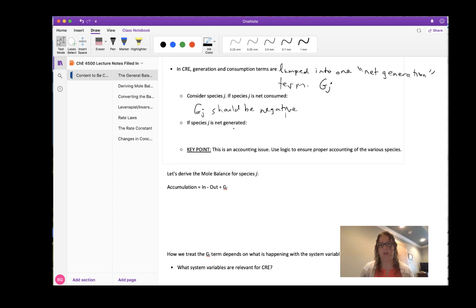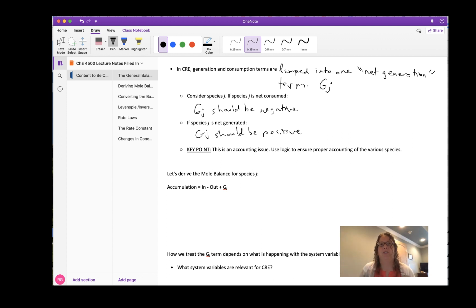If something is being net generated, then as in the mole balance, the net generation term should be increasing its amount. If something is net consumed, then the net generation term should be decreasing its amount in the balance. So if it's decreasing the amount, then this term should be negative. In contrast, if species J is net generated, then G_J should be positive.